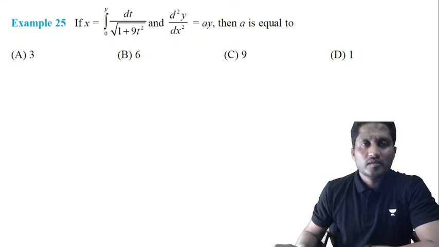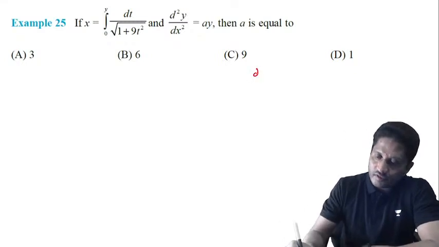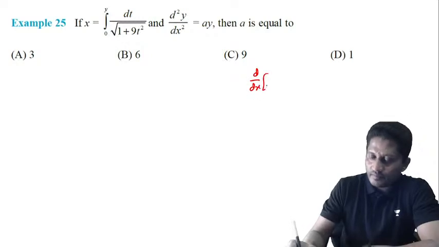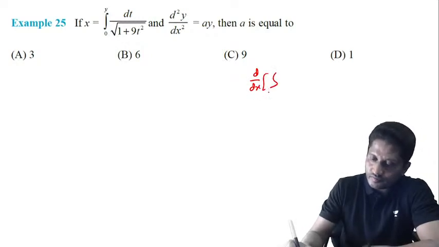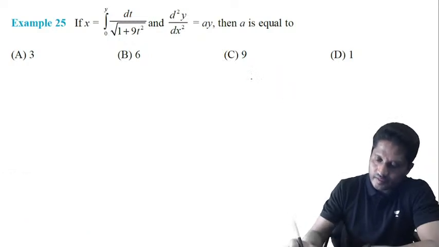Now, if I use Leibniz rule, I should have done this before this as well. Suppose you have d by dx of the integral with lower limit x square and upper limit x cube of e to the power t dt.